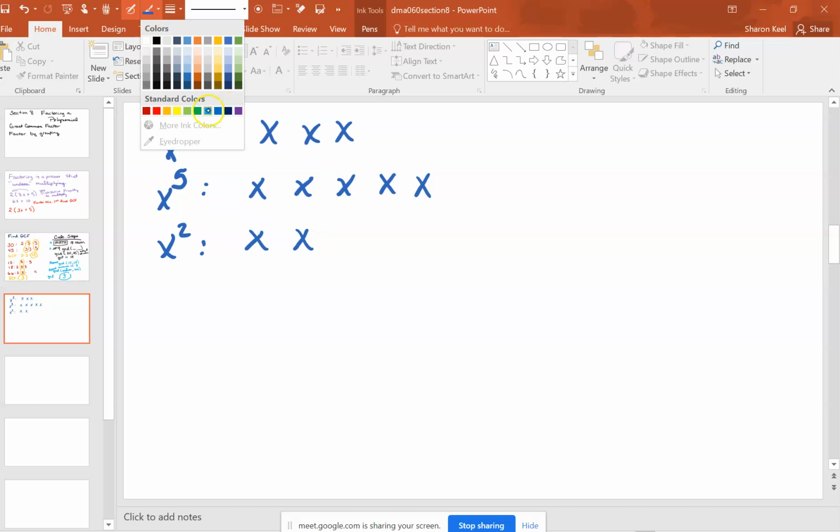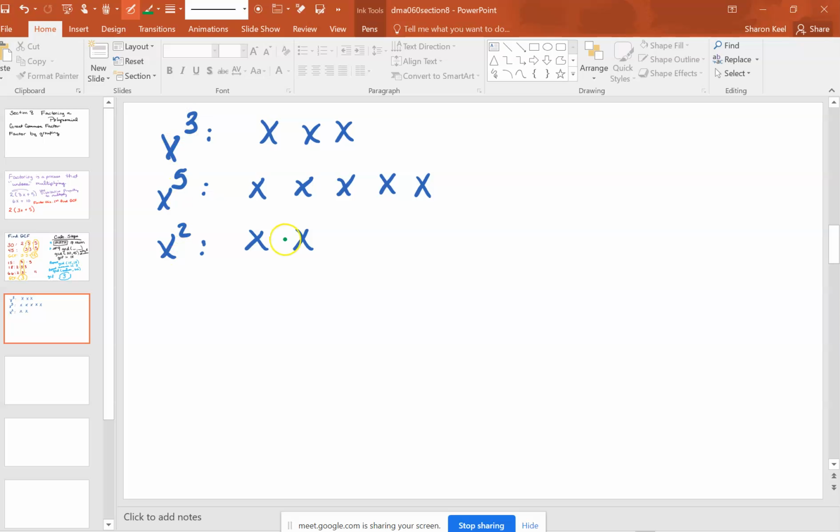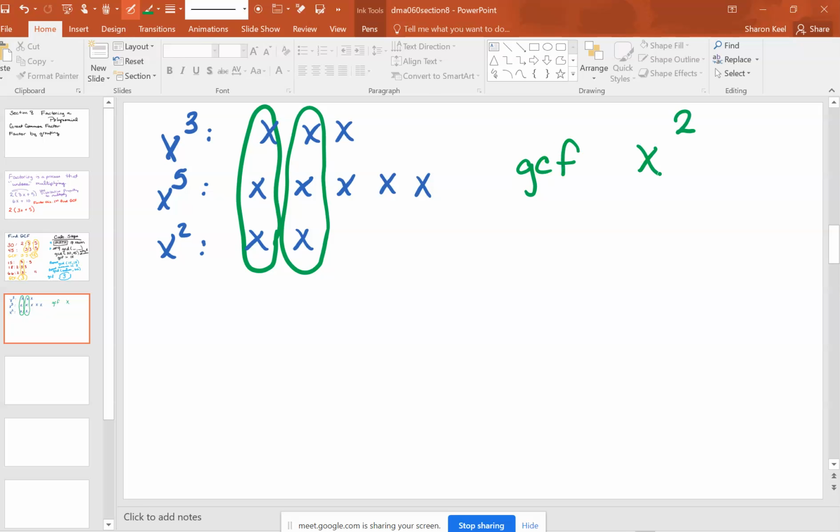So when I'm finding the greatest common factor here, I have to find the number of x's they all have in common. They all have 1, they all have 2. This one does not have a third, a fourth, or a fifth. So for this one, the greatest is going to be x to the second power.